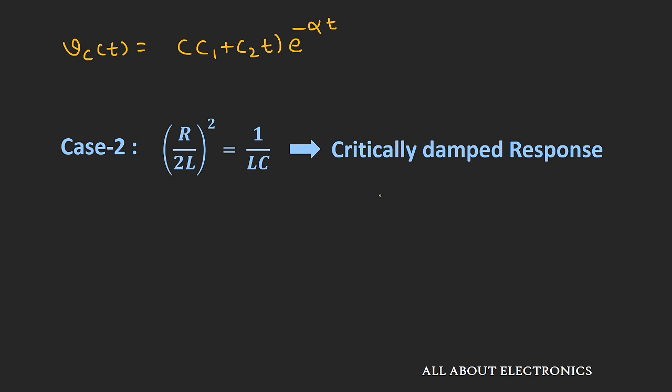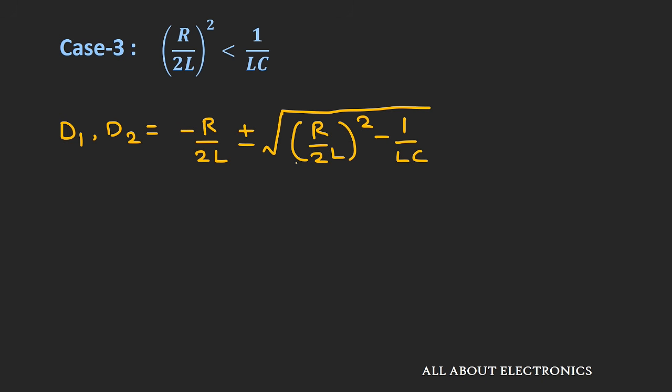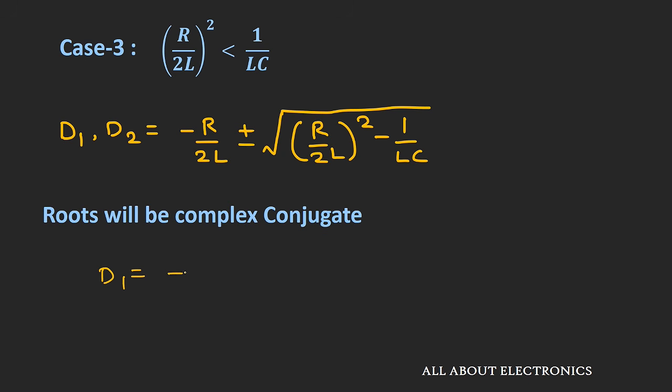So now let us see the third case. In the third case, let us say the value of (R over 2L) whole square is less than 1 over LC. In that case, the term inside the square root will be negative. So we will have two complex conjugate roots. D1 can be given as minus alpha plus j beta, and D2 can be given as minus alpha minus j beta.